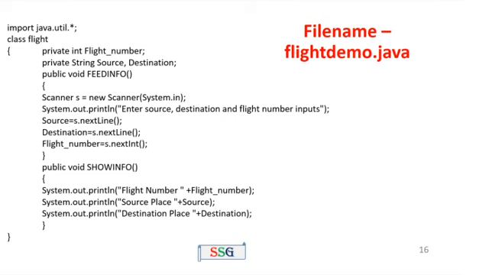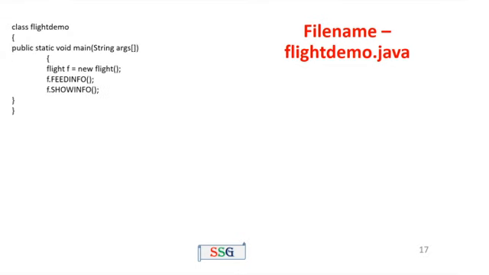The next one, this program also involves 2 classes. One class is Flight. Another one, we have to create the main class. That main class is named FlightDemo. Okay, so that's why the file name is saved as FlightDemo.java. So class FlightDemo open curly brace, public static void main(String[] args). First, in this program we have to create only one object.